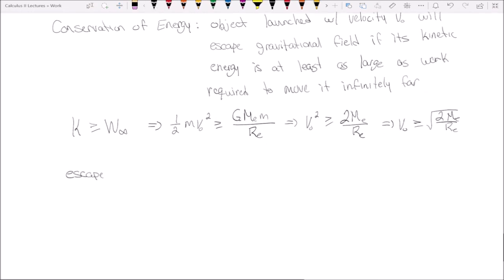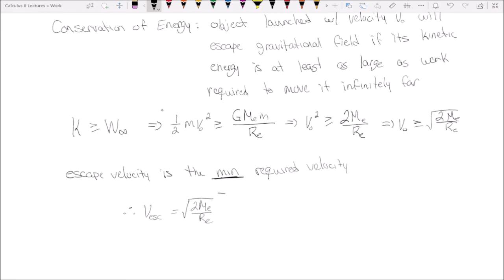Escape velocity is the minimum required velocity. Thus, we get the escape velocity is equal to the square root of 2 G m_e over r_e.